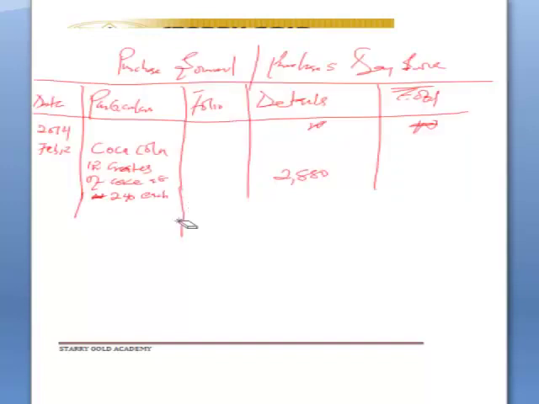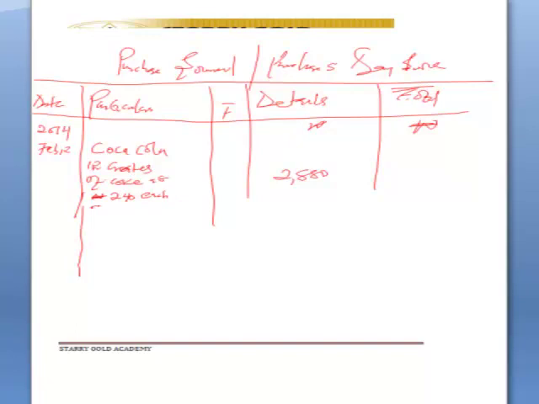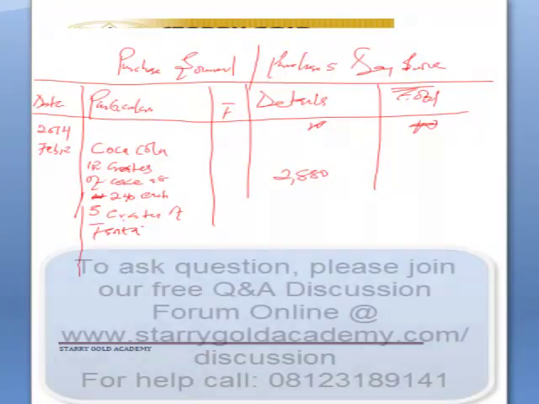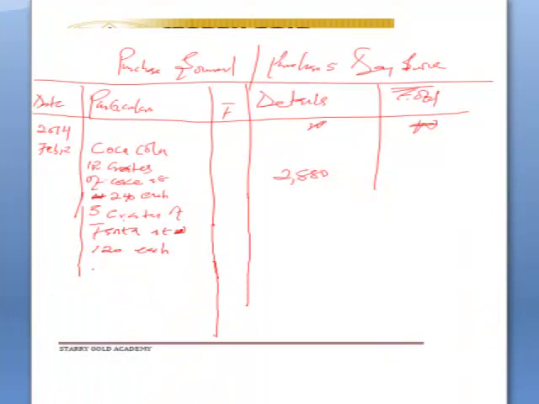So that is it. I want to reduce my folio region. Okay, then that is not enough. I think another purchase was made: 5 crates of Fanta at 120 each.